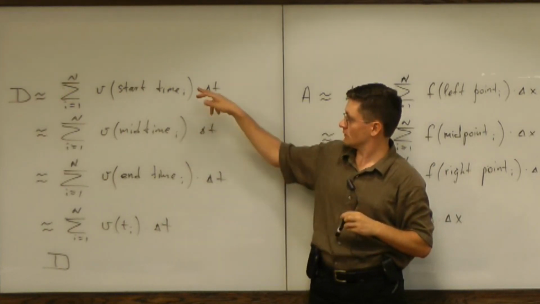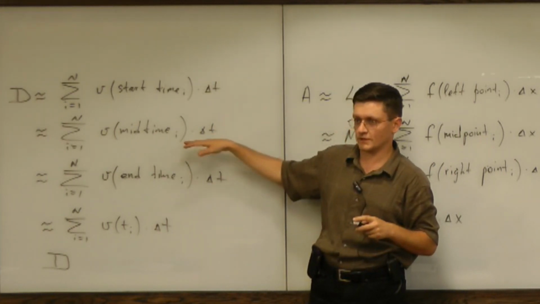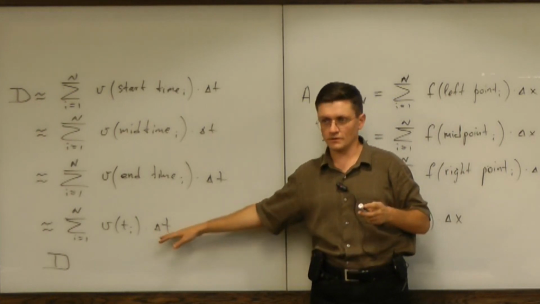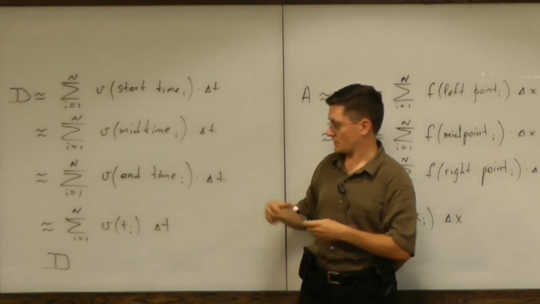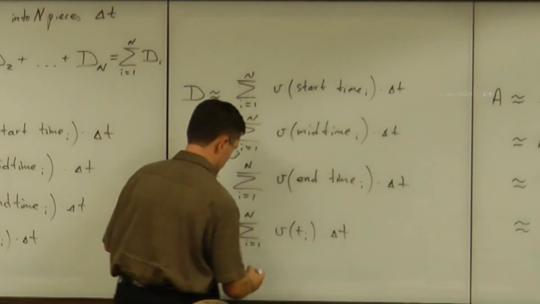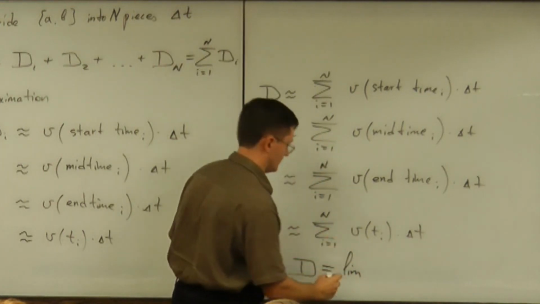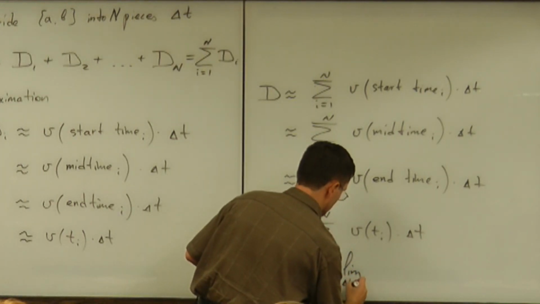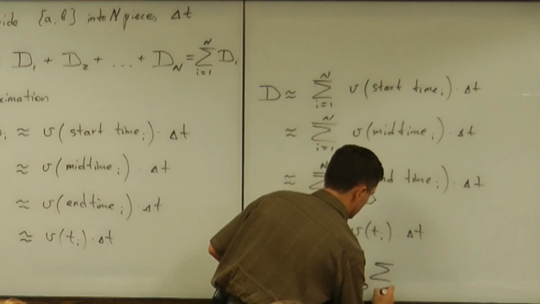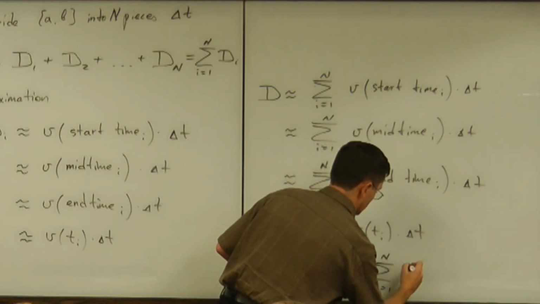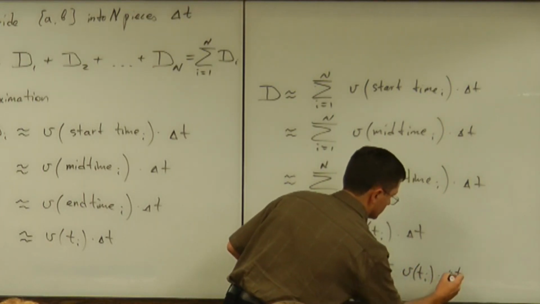Moreover, we hope that the limit of this sum is equal to the limit of that sum, is equal to the limit of that sum. Again, if that holds, then we say that the distance traveled is equal to that limit. Limit as delta t goes to 0 of sums of v of ti times delta t.